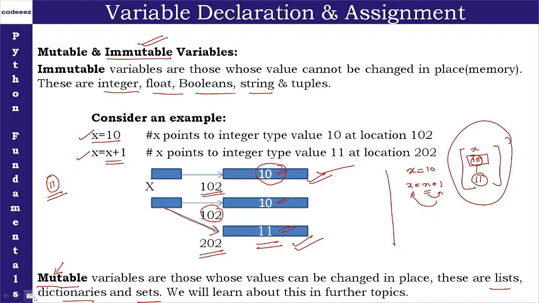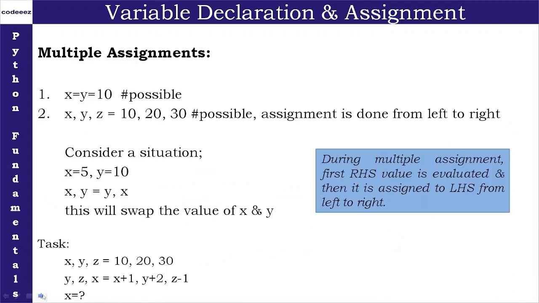Now in Python, multiple assignments can be done in a single line. See here, x equals y equals 10. Now what happens here? A reference will be created and the name of the reference will be x. Another reference will be created and the name of the reference will be y.